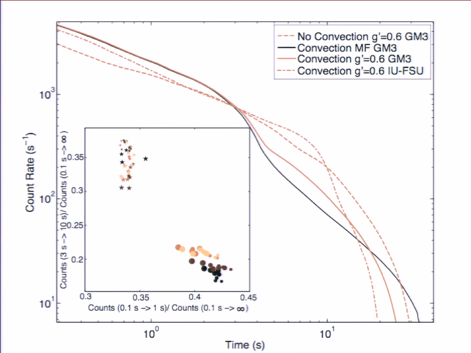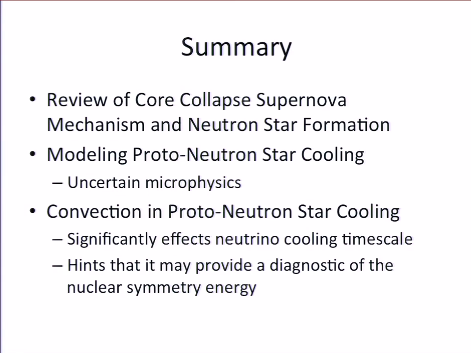That is just a model without any convection, and it has a very different behavior than the models with convection. And this black solid line versus this line, I'm colorblind enough that I can never tell what color this is, those are just different models for neutrino interactions.